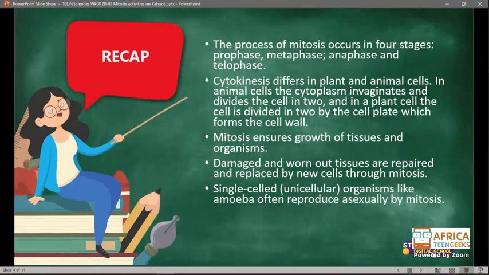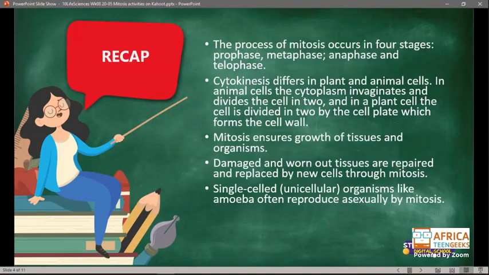And then in a plant cell, the cell is divided into 2 by the cell plate, which forms the cell wall. Remember, the plant cell does not have centrioles, so spindle fibers will be attached to the cytoplasm. That is why we have the cell plate forming, which forms the cell wall.